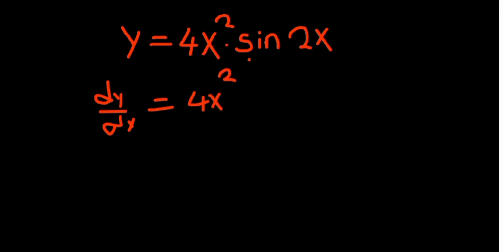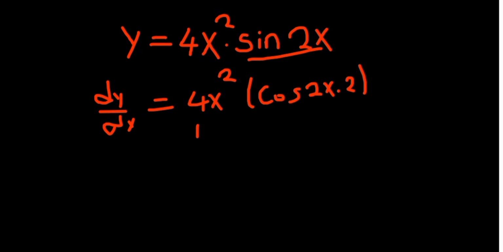This part is supposed to be differentiated using the chain rule. In case you don't know what the chain rule is all about, you should check out the other video that I made on the chain rule. According to the chain rule, we differentiate that function: cosine 2x dot 2. That's what you get after you differentiate that using the chain rule.